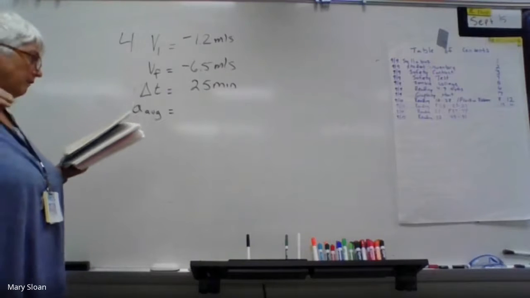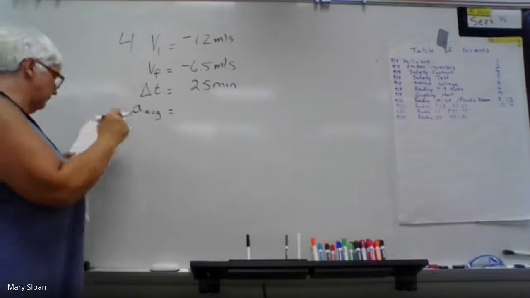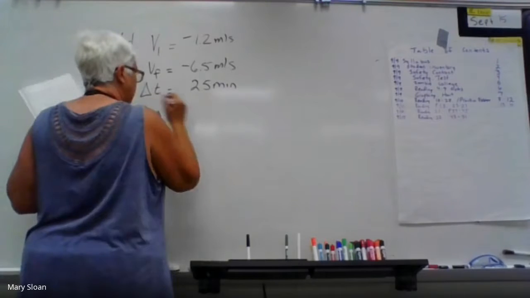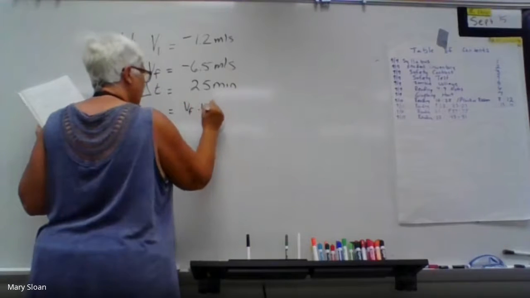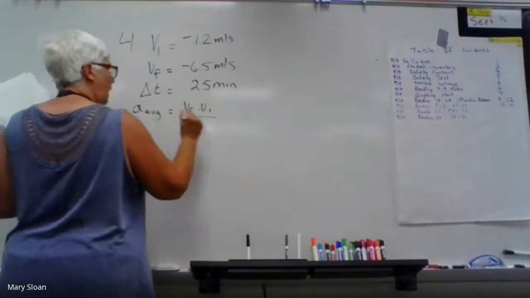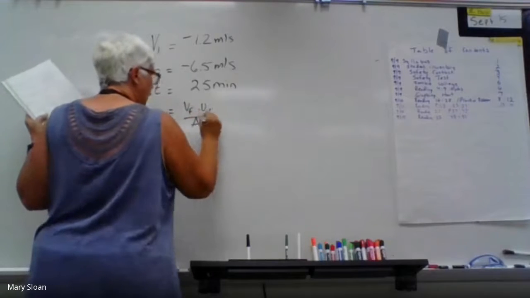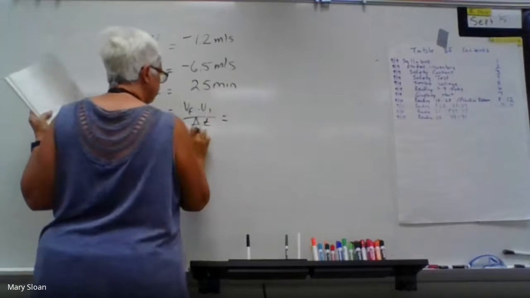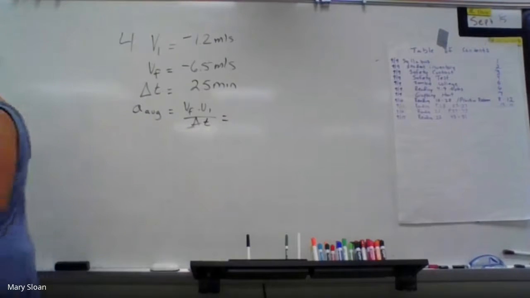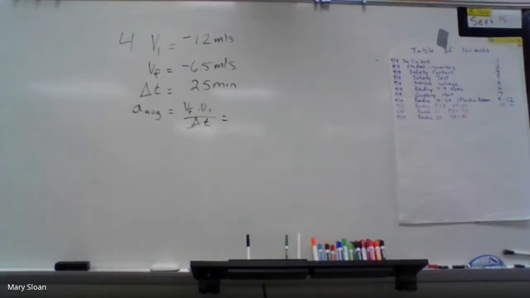Okay? Our formula for average acceleration is velocity final minus velocity initial over change in time. I'm going to give you a couple minutes. So now what you're going to do is plug your numbers into your equation on your paper.